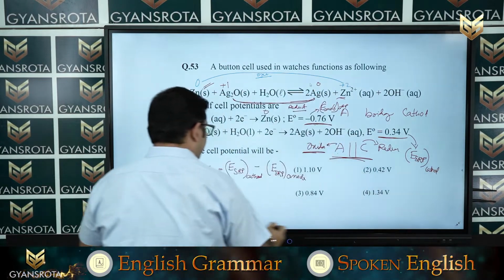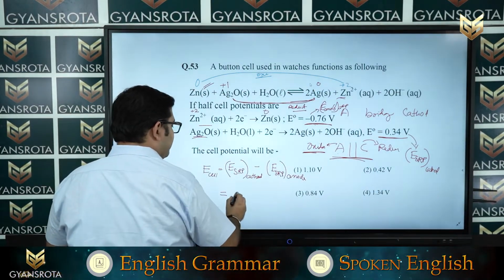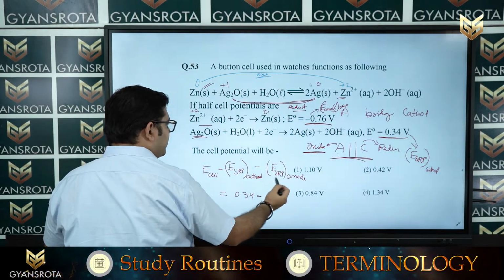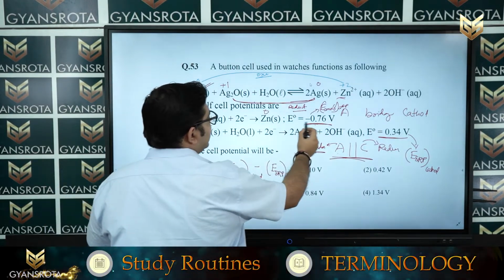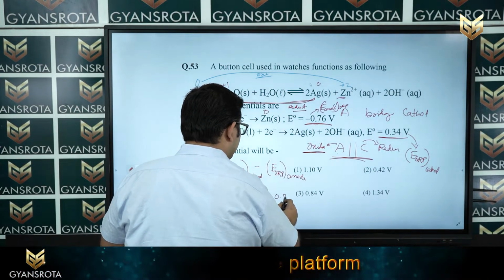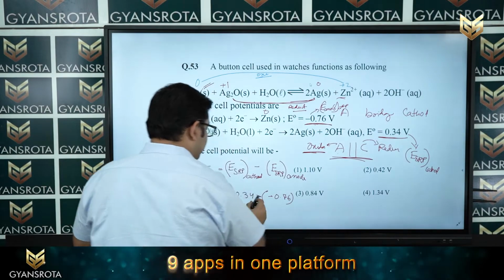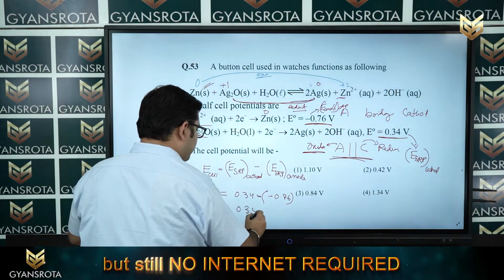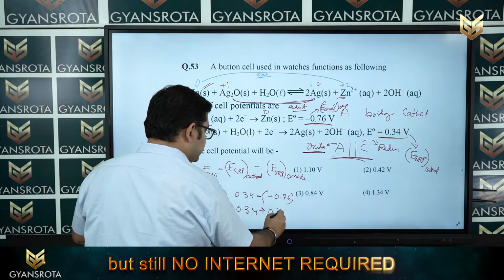Now what you are getting is 0.34 minus, and the value for the anode they have given as the standard reduction potential is minus 0.76. Now, this should be minus minus, so it should be plus. So, 0.34 plus 0.76.